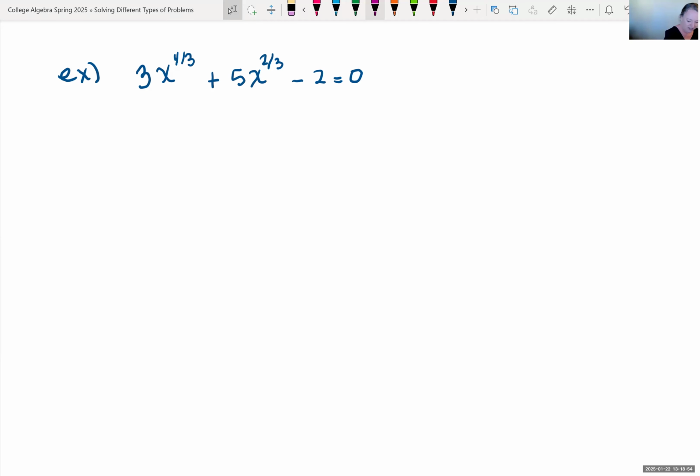Usually, look to see if this middle piece can be manipulated. So I noticed that if I chose u to equal x to the 2/3 power, well, notice if I square that 2/3 power, power to power multiplying, this would give me x to the 4/3 power, which is that first term we have.